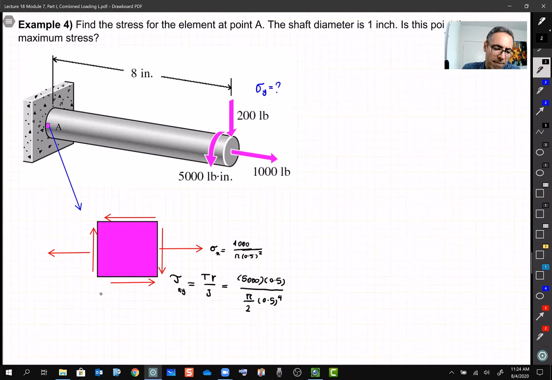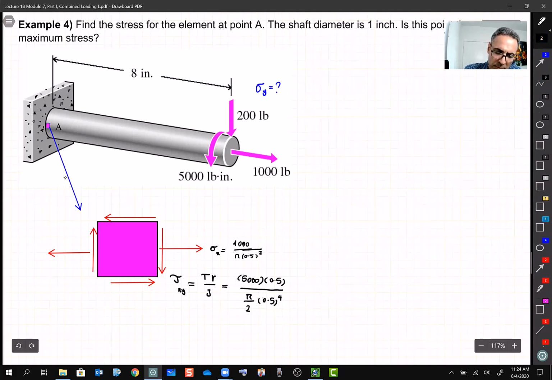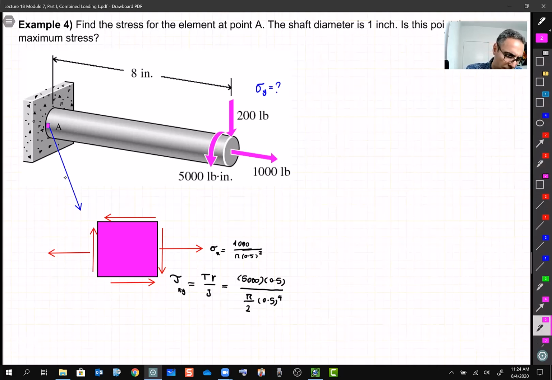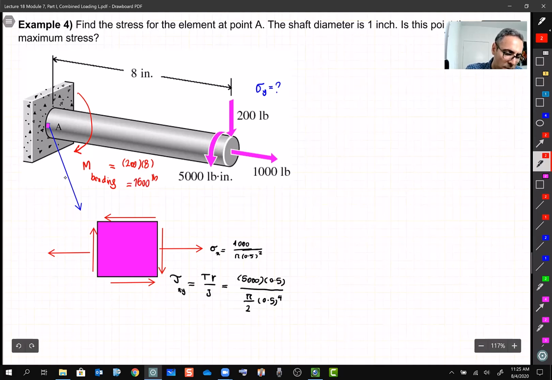What else do we have? Let's deal with this 200 pound. This 200 pound tries to bend these things. It creates a bending moment, which is equal to 200 multiplied by 8 inches, 1,600 pound-inches.